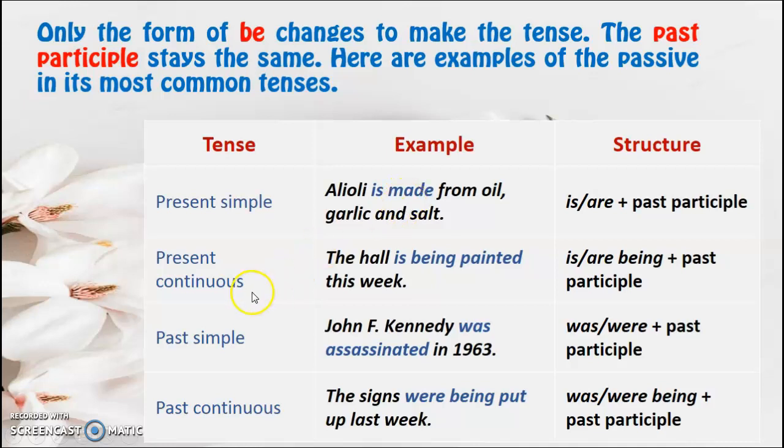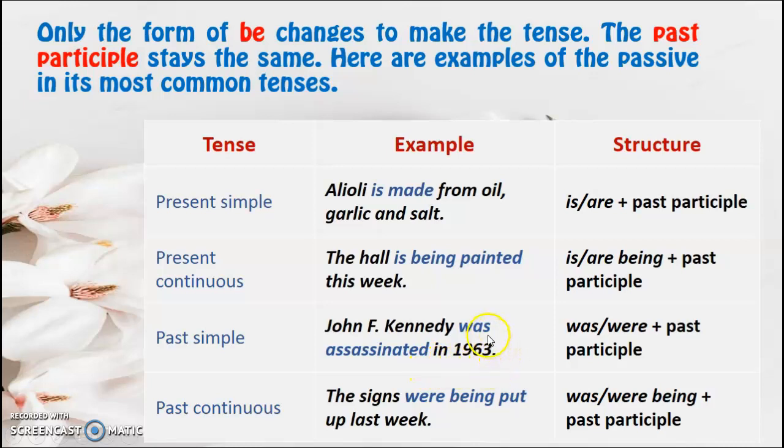In the present continuous, the same. The hall is being painted this week. Here we have the verb to be, being, that is the continuous tense, and the participle painted. In the past simple, we can say, for example, John F. Kennedy was assassinated in 1963.